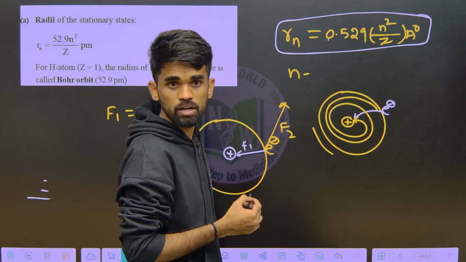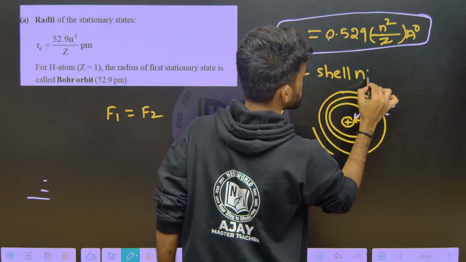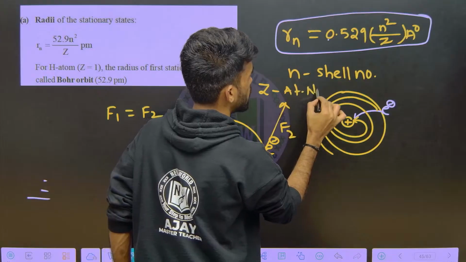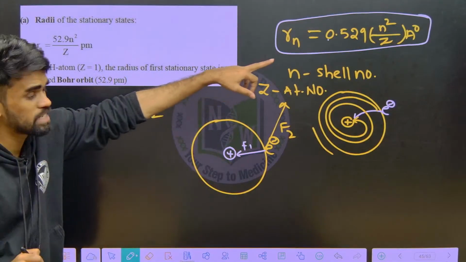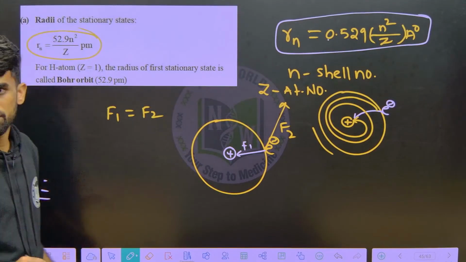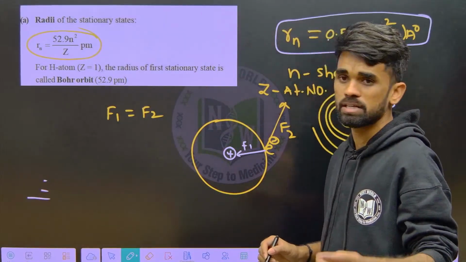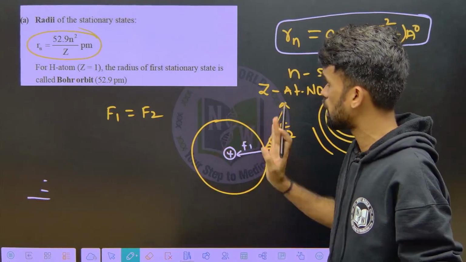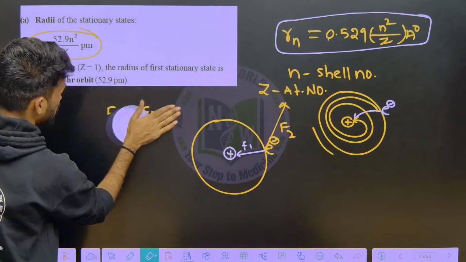Shell number. And what about this Z? Atomic number. Write these things. That is in terms of angstroms. Now here we have it in terms of picometers. They may ask you in terms of picometers, nanometers, centimeters, meters, angstroms, anything, and you should be able to convert them. Now I am giving you one basic question.